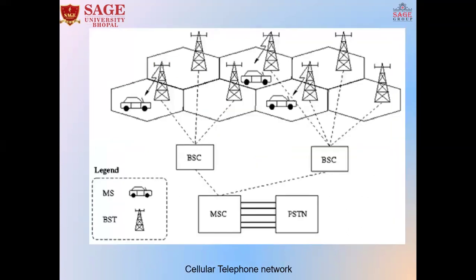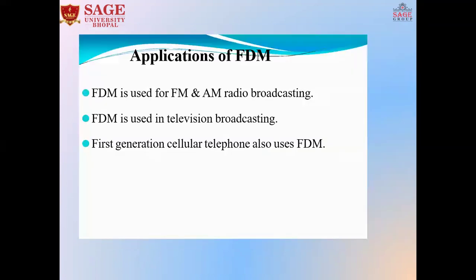Another example of frequency division multiplexing is the cellular telephone network. Again, the same frequency division concept is used in the case of the cellular network. Here are a few applications of frequency division multiplexing.